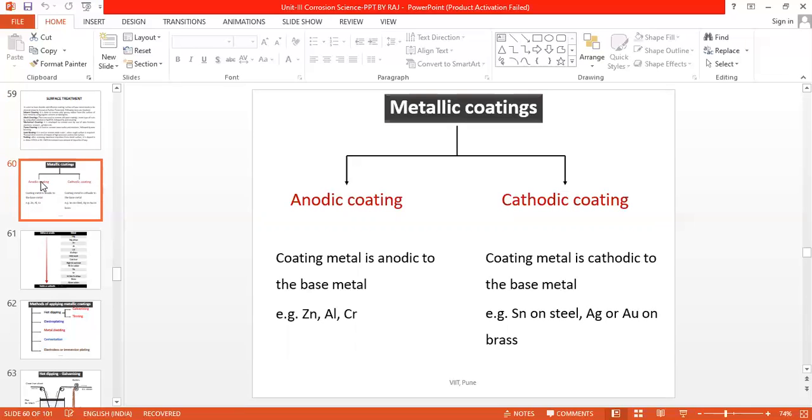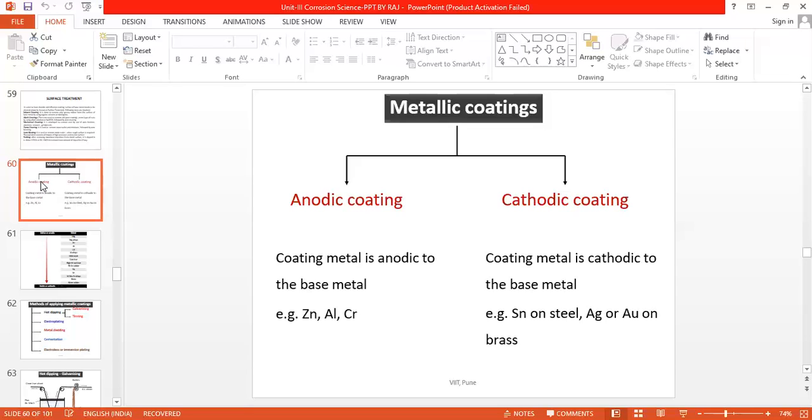Anodic coatings are always better because they will protect the base metal as long as this coating is intact, and also when pores or cracks are developed in the coating layer, because they are anodic to the base metal. But cathodic coatings will protect the base metal only as long as the coating layer is intact.